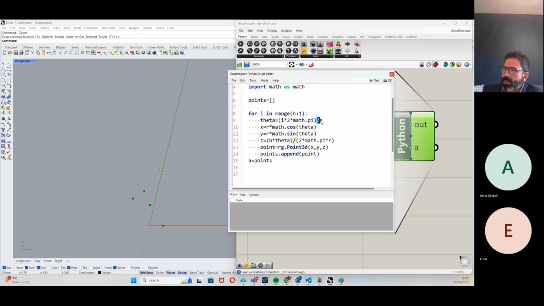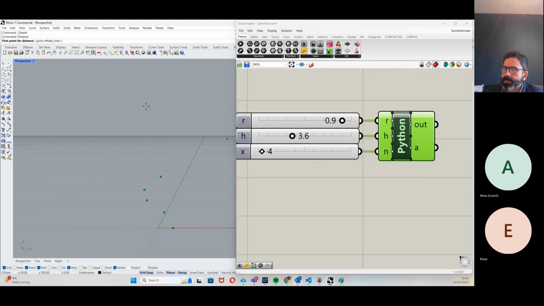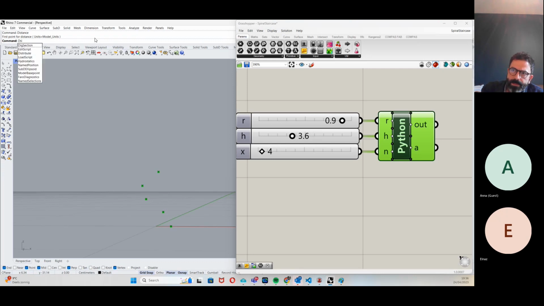Theta plus 1. Okay, distance. Now distance.